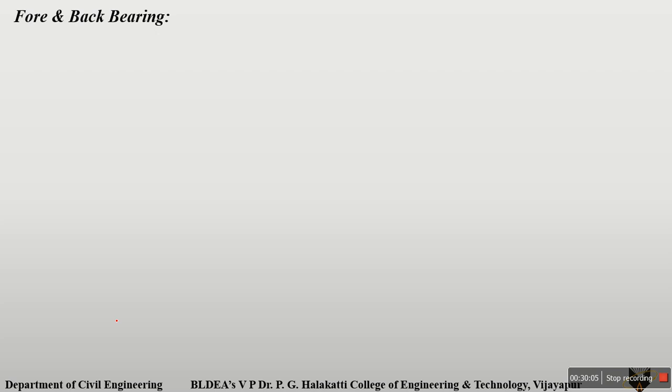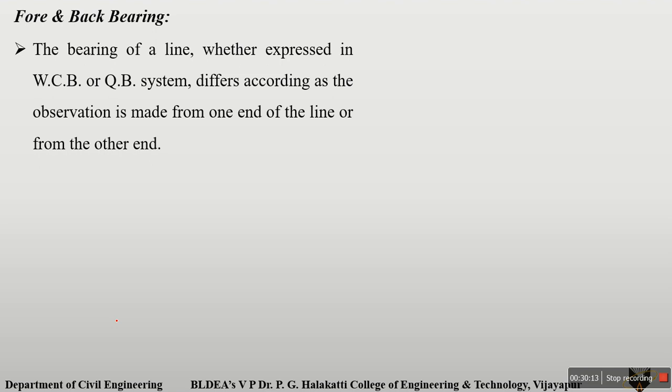Okay, in the compass surveying we are using the forebearing and backbearing definitions. What is the forebearing? The forebearing and backbearing we can express in terms of WCB or quadrantal bearing systems, depending upon the observation made from one end to the other end.